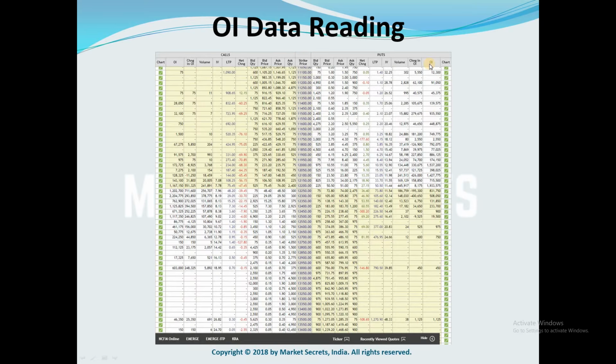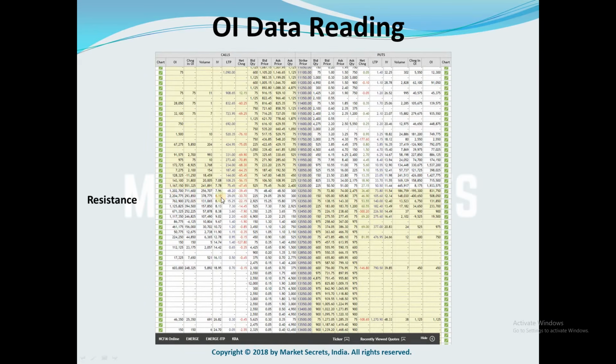Now let's see what we can understand or retrieve from this table. The first thing is to identify the immediate resistance for Nifty. To find the resistance, look at the OI column on the call side and find the largest number. This particular item has 22 lakh contracts.